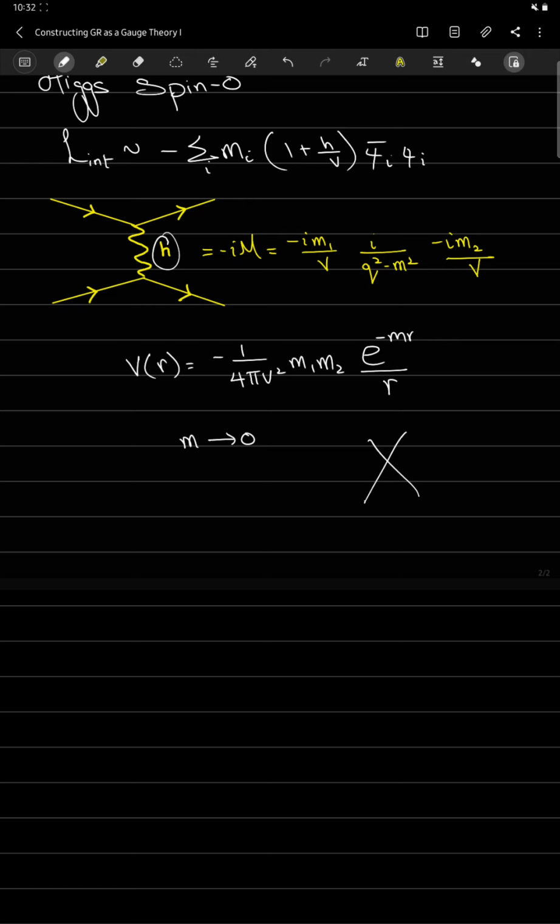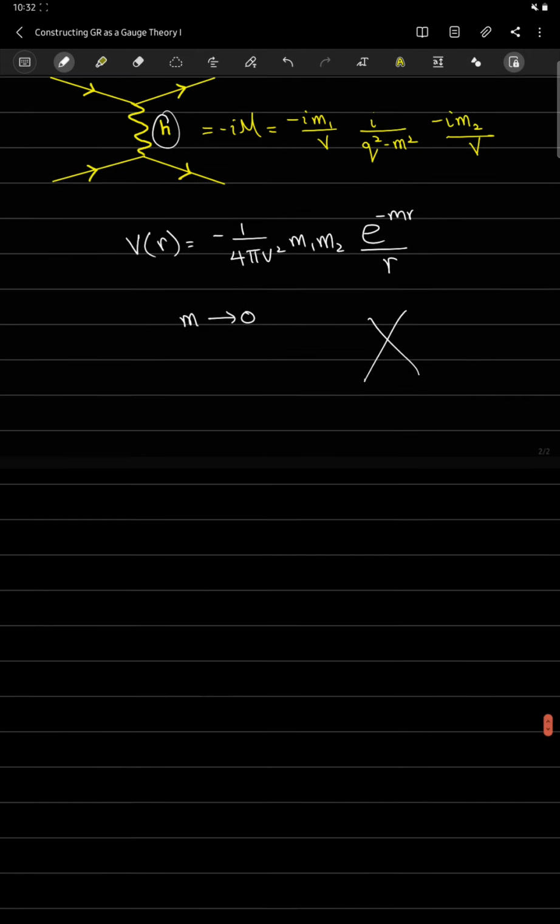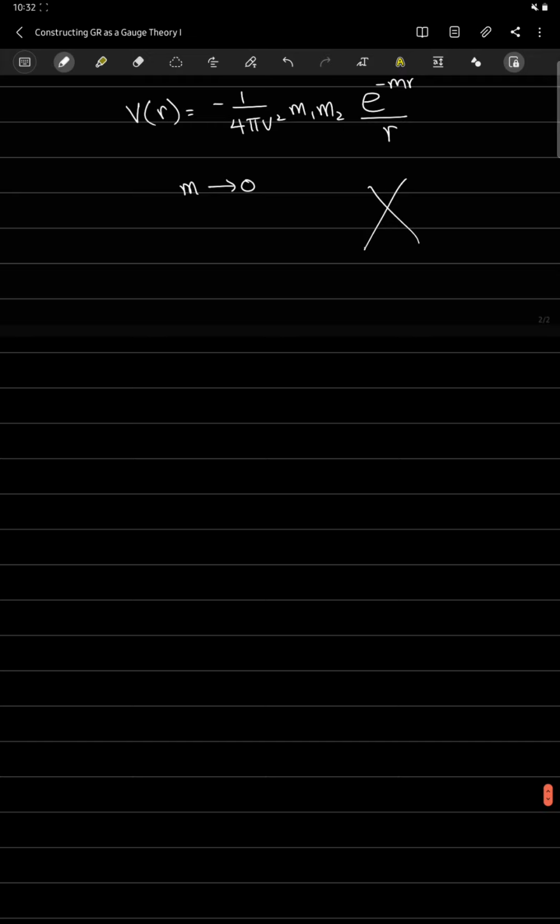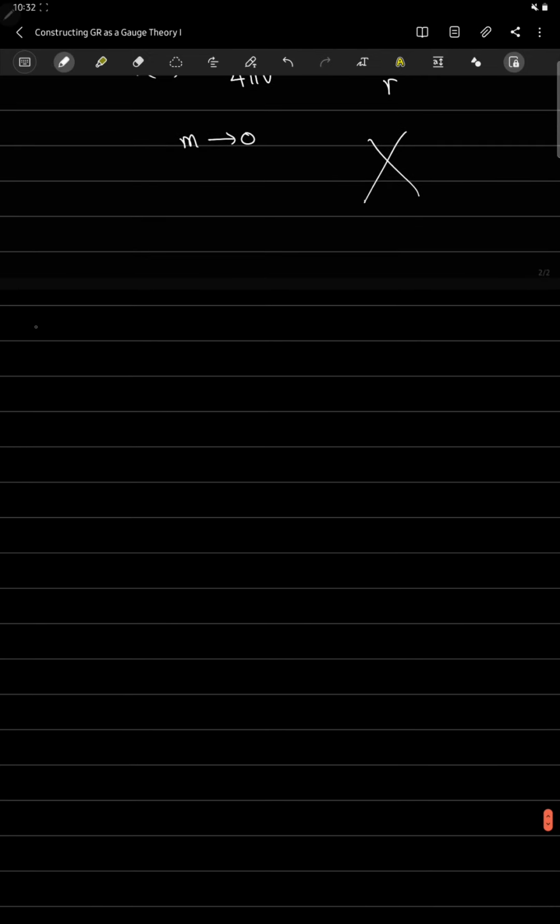Consider the constituent mass of a proton. Let me write that here, which is the proton matrix element of T^μ_μ, the energy momentum tensor, and this thing is equal to the proton mass.